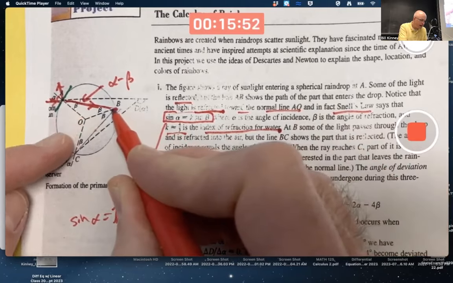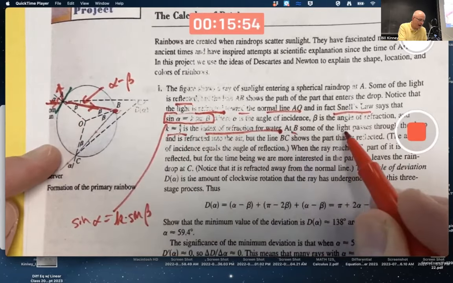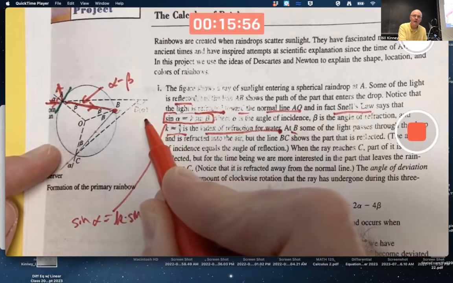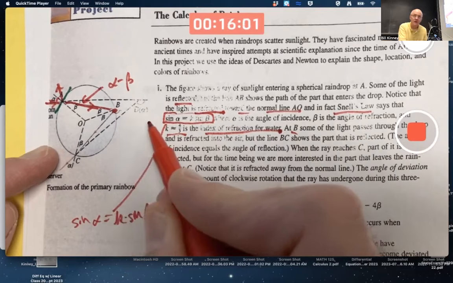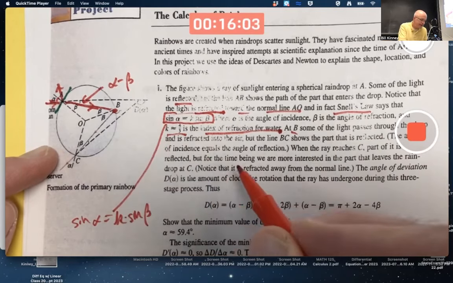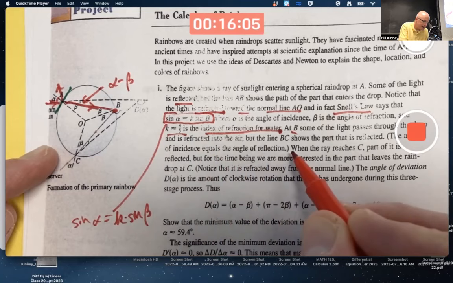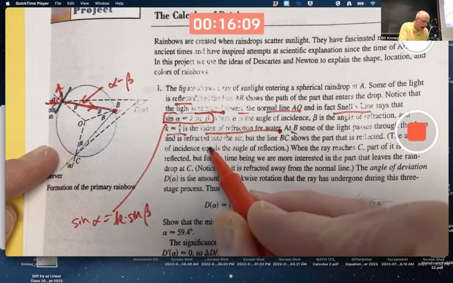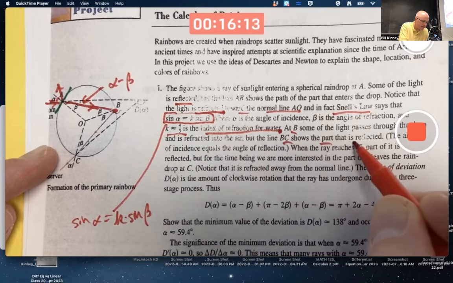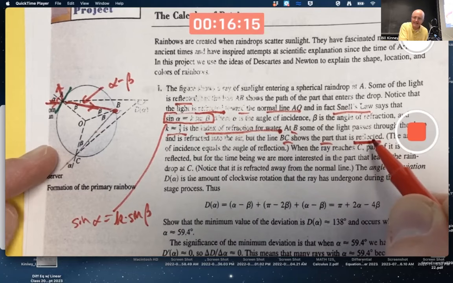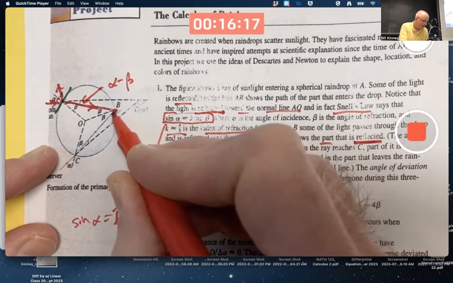At this point, B, some light passes through and probably gets refracted as well, though it's not clear from the picture how much. And some light gets reflected. Some light passes through and is refracted into the air, but the line BC shows the part that is reflected, in this direction.